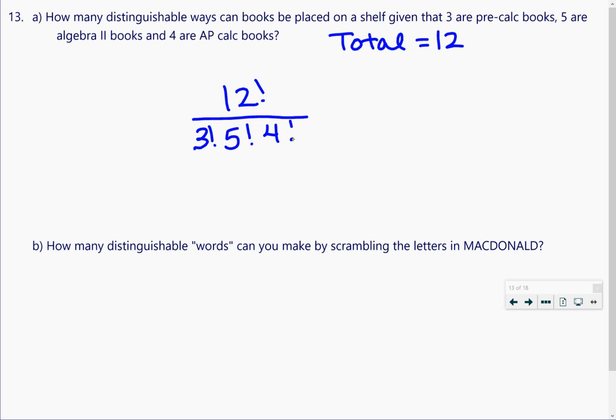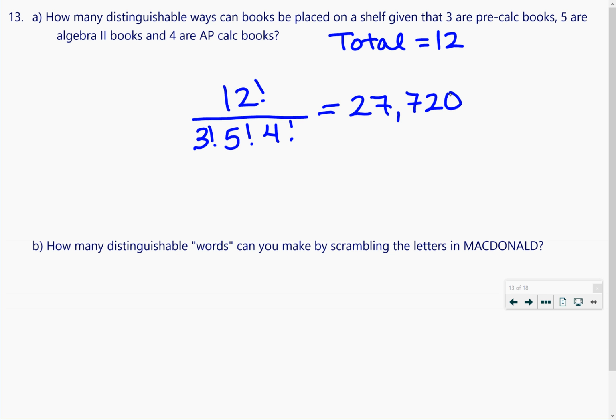All right, so 12 factorial, again, find that factorial symbol on your math probability menu, and then divide it by all those on the bottom. When I do problems like this, honestly, in my calculator, I don't even like finding that exclamation point symbol, so I'll just type in what it actually means on the bottom. 5 times 4 times 3 times 2. It takes me a long time to get to it every time, I feel like, so I get impatient. 27,720 different ways to arrange those 3 types of books.